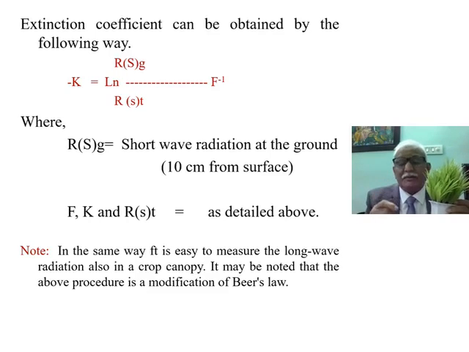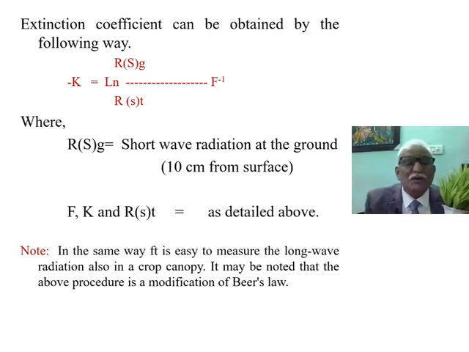In the crop canopy, if you measure RST, RSZ, RSG at certain levels, maybe 50 centimeters from the top of the canopy, leaf area by leaf area, you get the RSZ values of radiation interception. The more the radiation interception, the more the biomass production. That's how we interpret for the PG and PhD experiments.